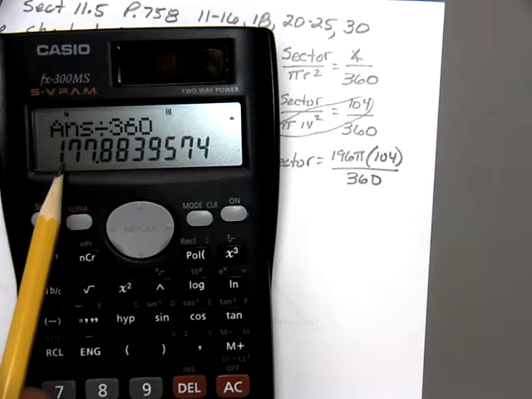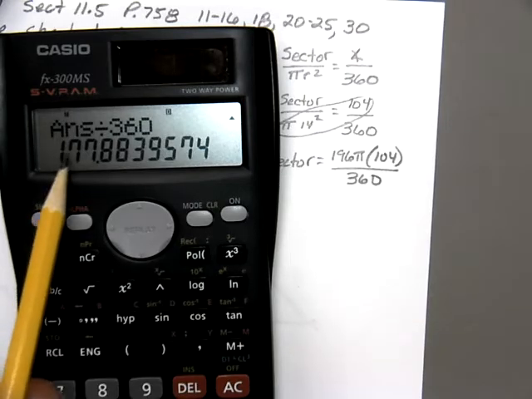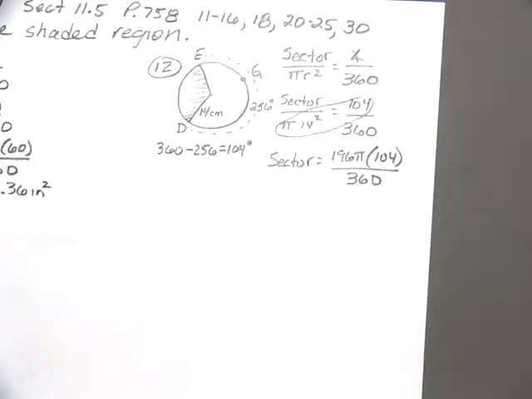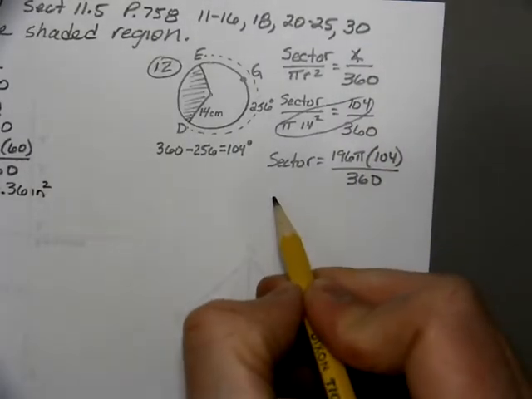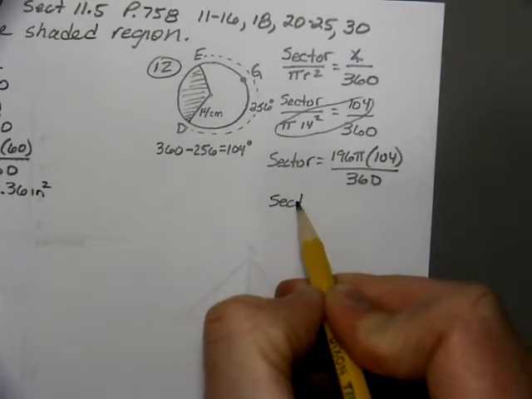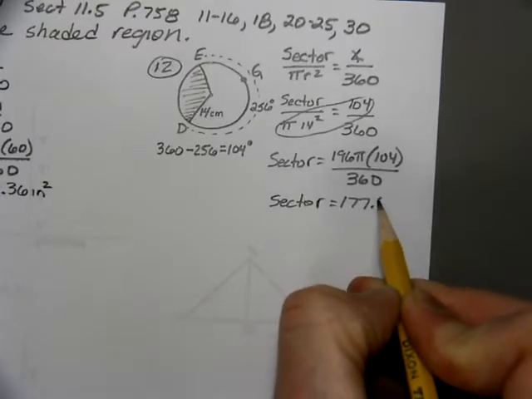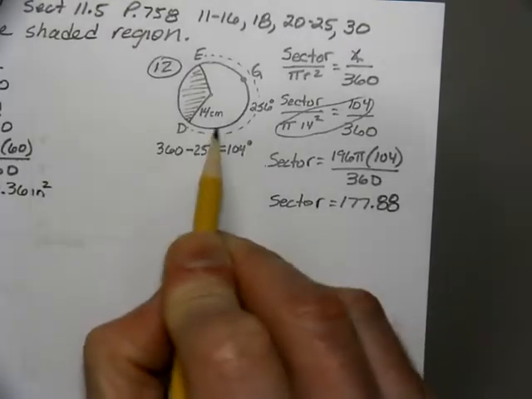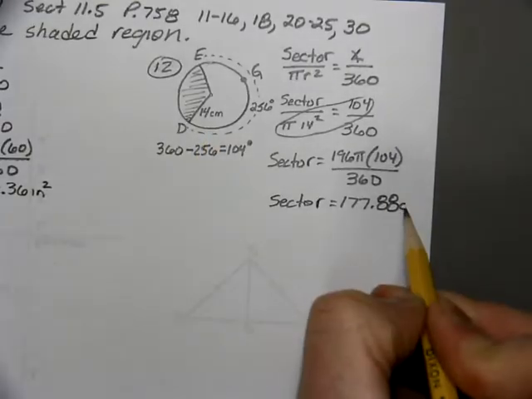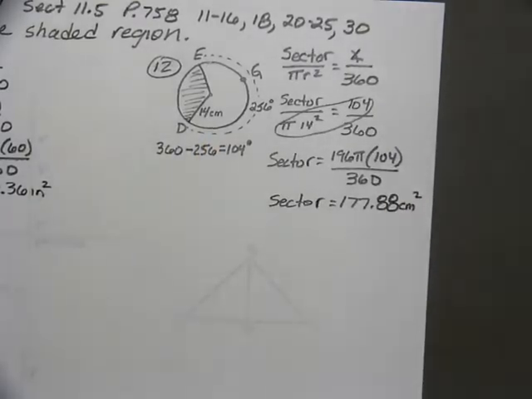That gives us a sector area of 177.88. Our units are centimeters, so that's centimeters squared.